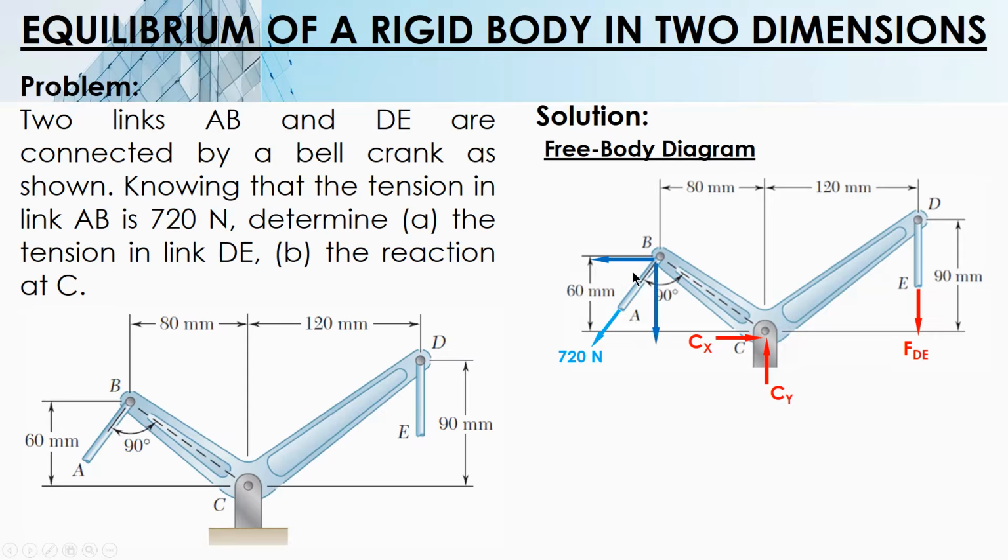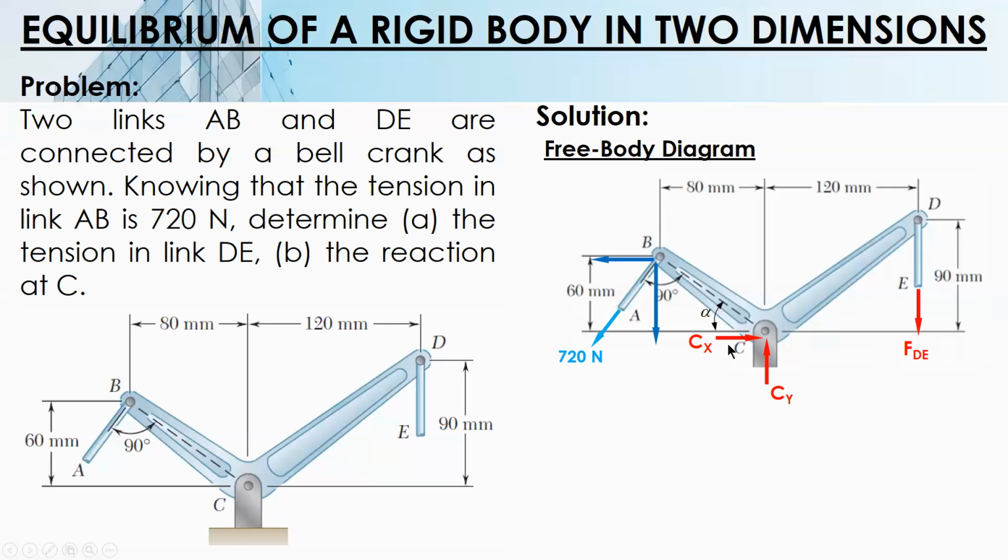So, we need the angle, this one or this one, so we can get the components. We start with this alpha. Okay, we have 60 and 80, so we can solve for alpha. Now, if this is alpha, then 90 minus alpha, so alpha.